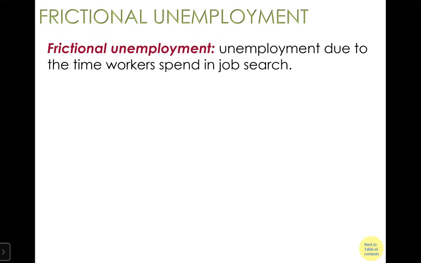Now let's start with the first type of unemployment. Okay? It's called frictional unemployment. And this type of unemployment is caused by the time workers must spend in job search. Okay? So why would you want to spend time looking for a job, at the cost of being unemployed?